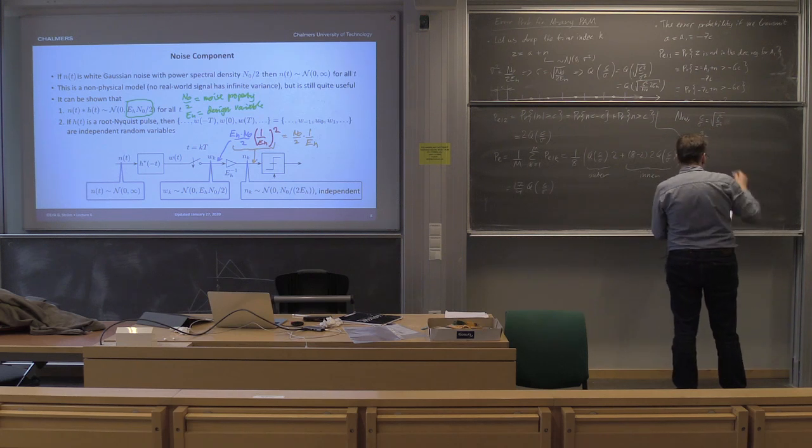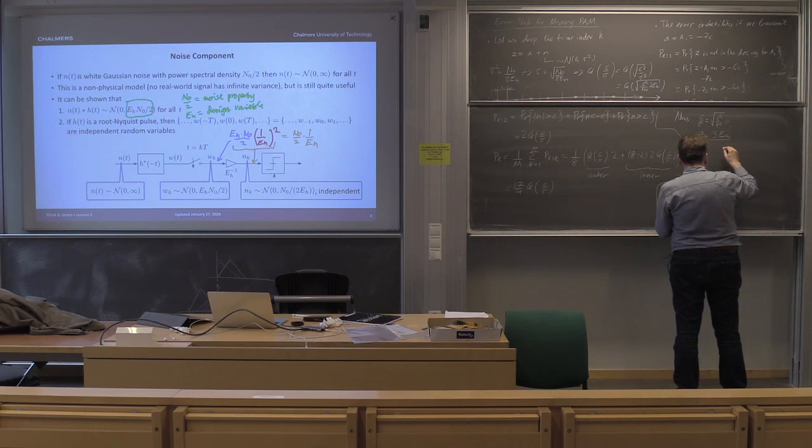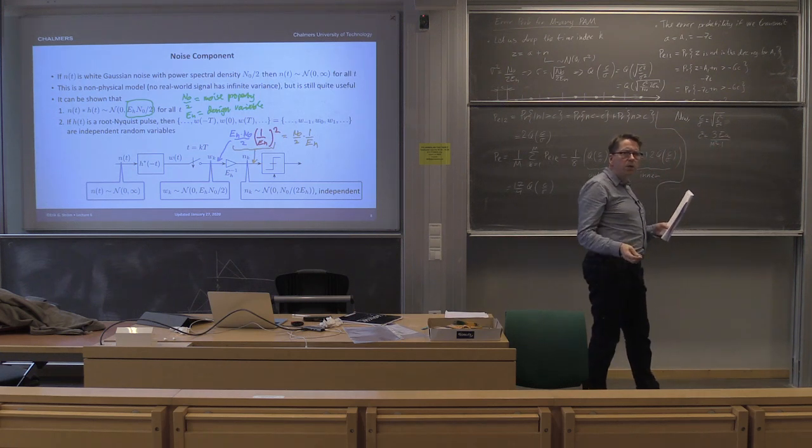C squared, if you look at your notes, I have to look at mine too, remember that's 3 times E_A divided by M squared minus 1 in the general case. So we did this for equidistant PAM.